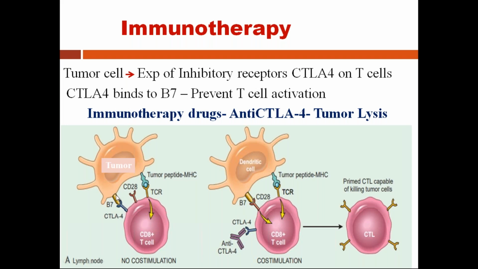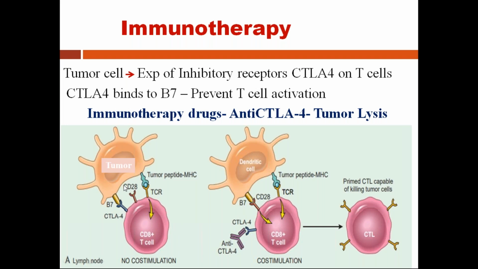So instead of getting attached to the CD28 receptor for activation of the signal transducing pathway, this B7 ligand binds to one more receptor called cytotoxic T lymphocyte antigen 4, which is normally hidden within the membrane, but the tumor cells send signals such that this receptor gets expressed.